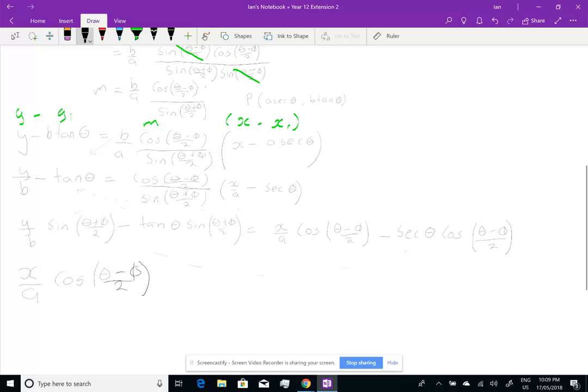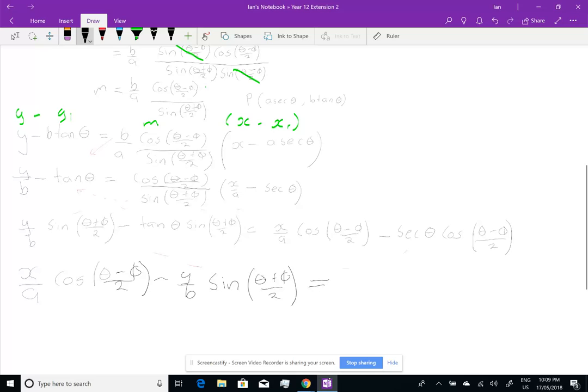All right, and I'm moving that y on b to the other side, so it's going to become minus y on b sine theta plus phi on 2.